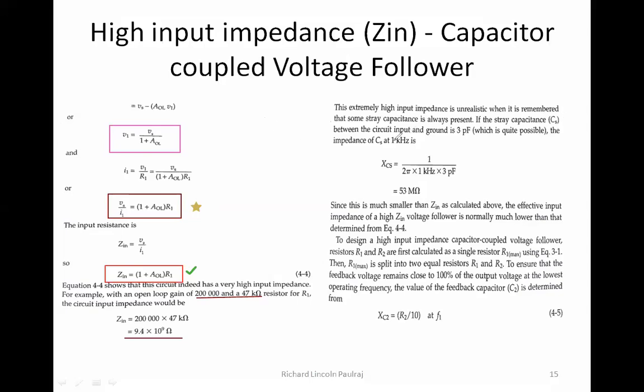If the stray capacitance between the circuit input and ground is about 3 picofarads, which is quite possible, we substitute the value: 1 by 2 pi f into the stray capacitance. We are coming up with 53 mega ohms. Can someone verify that for me? And also verify this Zin, 200,000 into 47K.